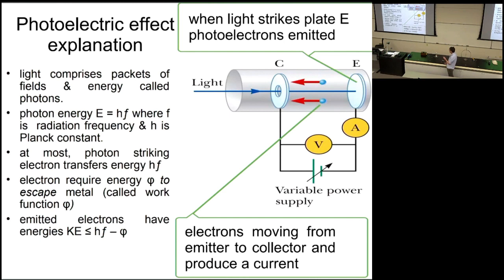This is Einstein's explanation of how this all works. So we've looked at the experimental data, that you need a certain frequency to emit light from a metal, and it depends on the metal.